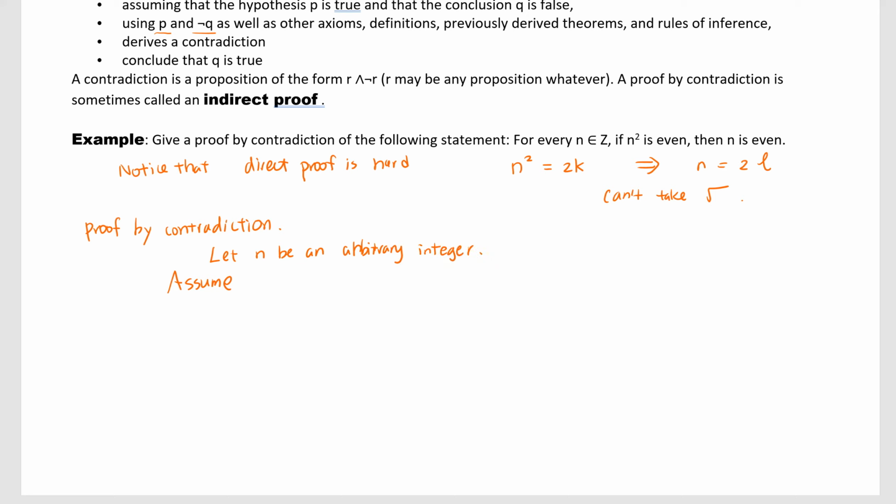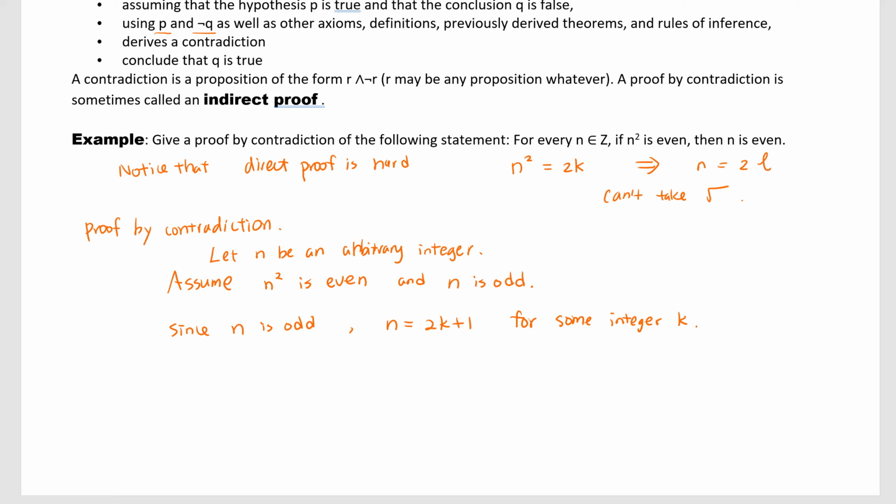We assume n squared is even, and we assume not Q, so n is not even, which means n is odd. Since n is odd, we have n equals 2k plus 1 for some integer k.